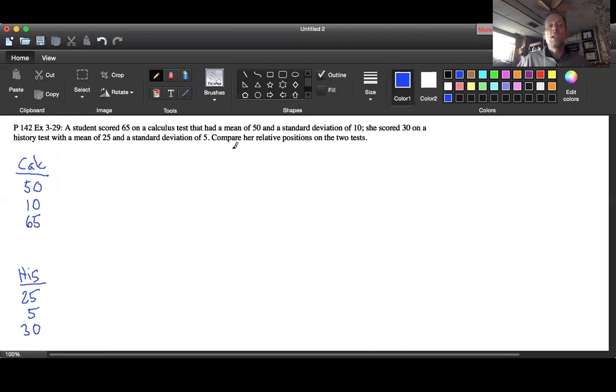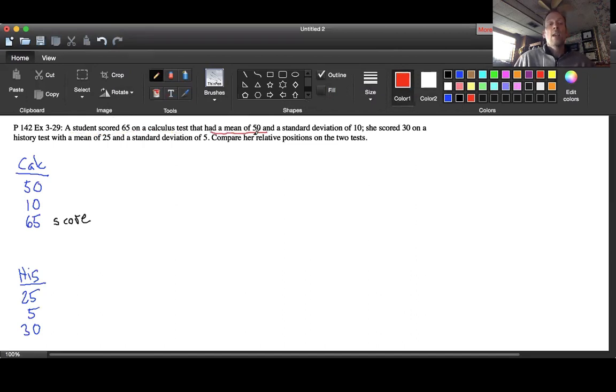Okay, so the first thing I need to do is figure out what symbols go with these different numbers. The 65 came first. They said the student scored 65 on the calculus test, so I'm going to print in right away: 65 was my score. The next number they gave me was a mean of 50.